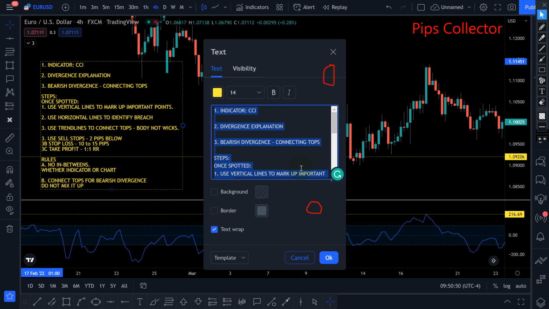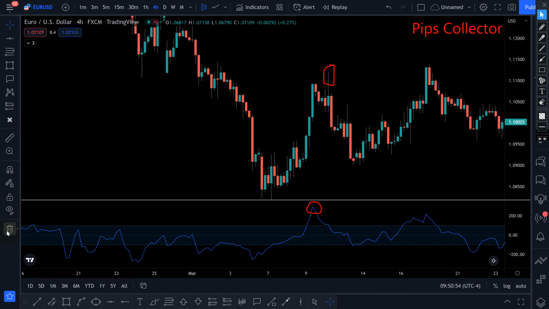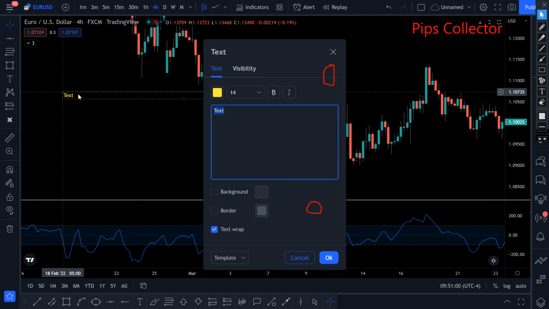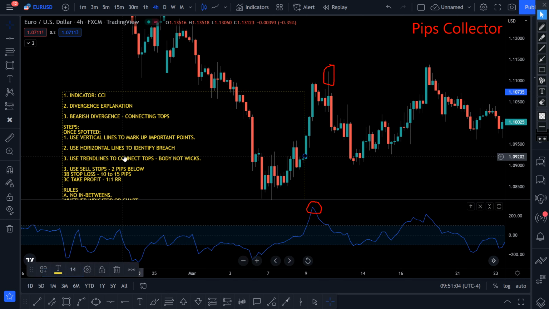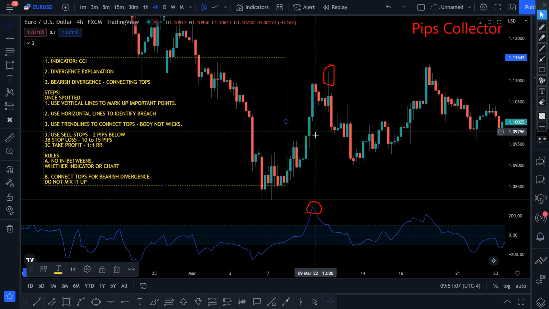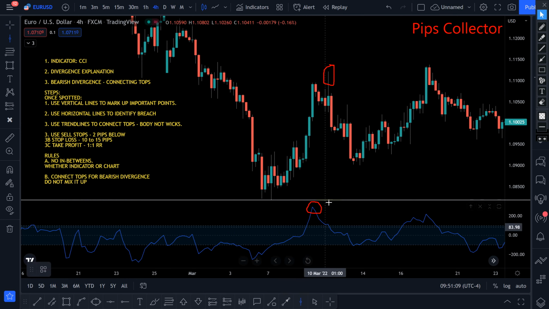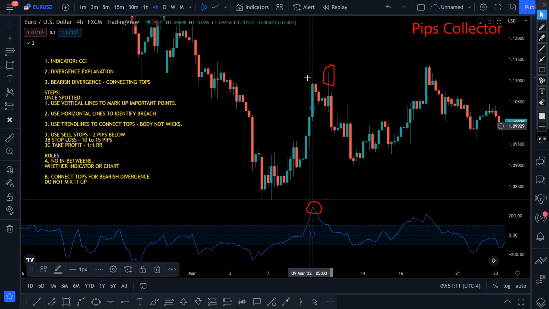Now let me copy this, close, delete everything, beautiful. Then paste this again. I want us to now do the process again. Now you pick this position here, this peak.